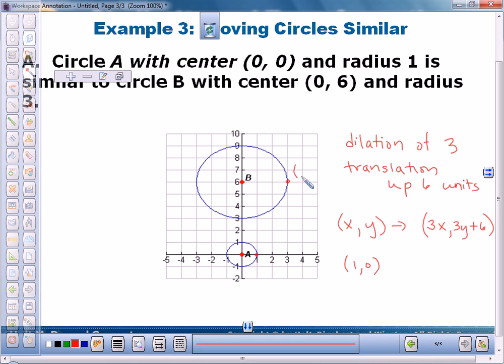If I plug 1 in here, what do I get out? 3. And if I plug 0 in here, what do I get out? 6. So did it shift this point to there? And I could test any point on here, and it would shift it to its corresponding point. Are we good?